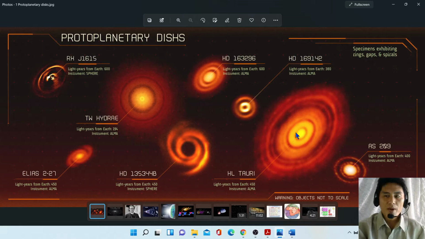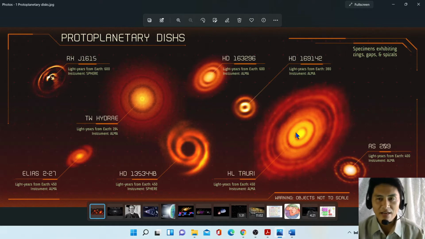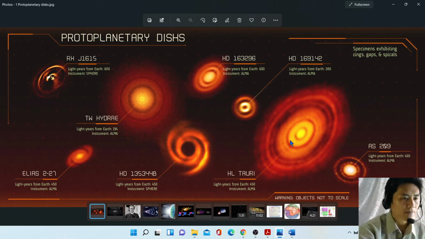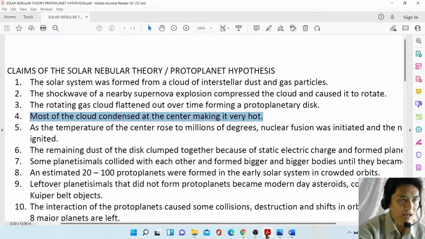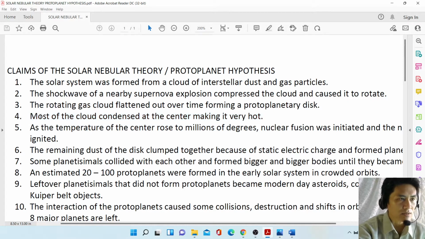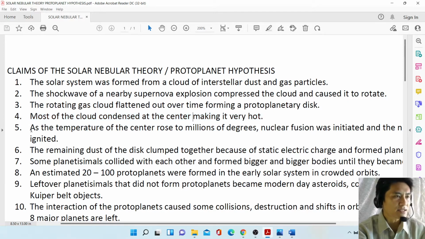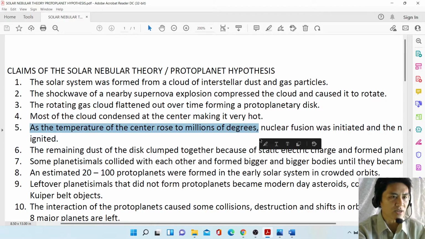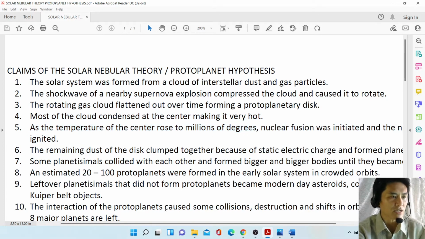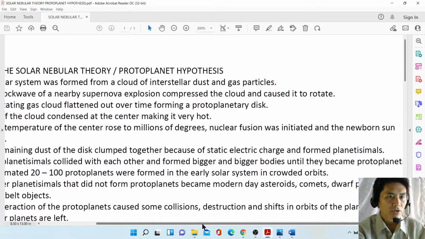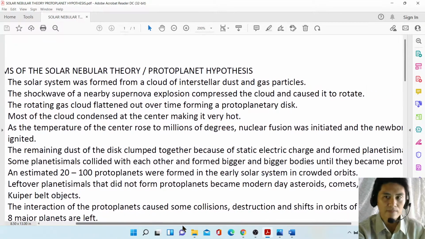If you compare the masses of the planets to the mass of the sun, there is a wide disparity. The sun is so much more massive than all the planets combined, because math predicts that most of the particles will condense at the center. And then as the temperature of the center rose to millions of degrees, nuclear fusion was initiated and the newborn sun ignited.